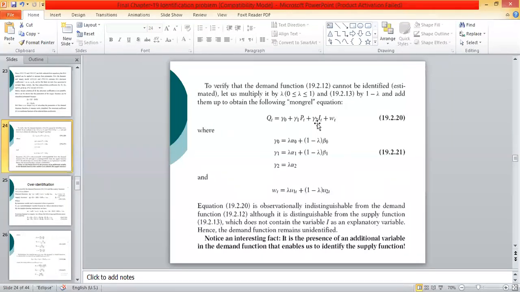So both equations are different from each other. On the basis of this, the supply equation is distinguishable from the bogus equation. We can conclude that the supply equation is identified. So here is an interesting fact: it is the presence of an additional variable in the demand function that helps us to identify the supply function.